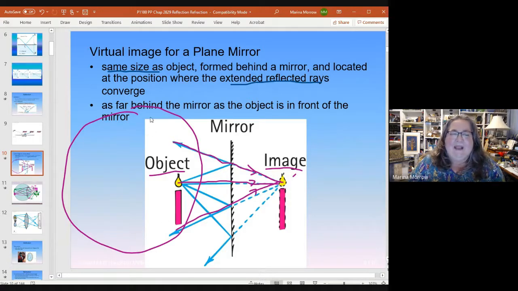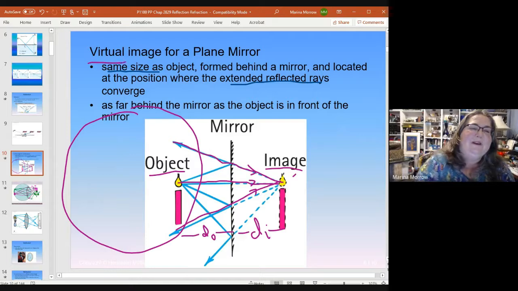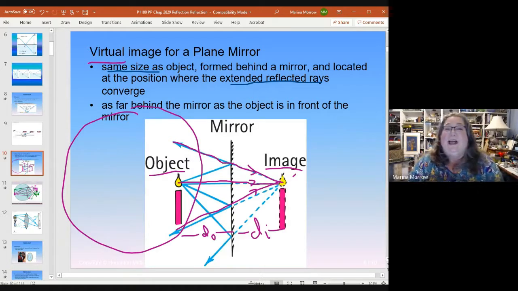Anyway, so for a flat mirror, the distance of the object to the mirror is the same as the distance to the image in the mirror. And this kind of image is called a virtual image. A virtual image is one where the light never actually goes through that point.